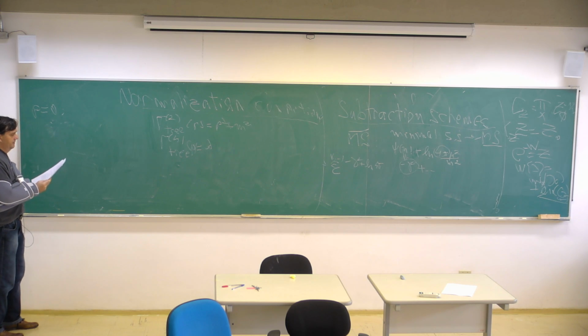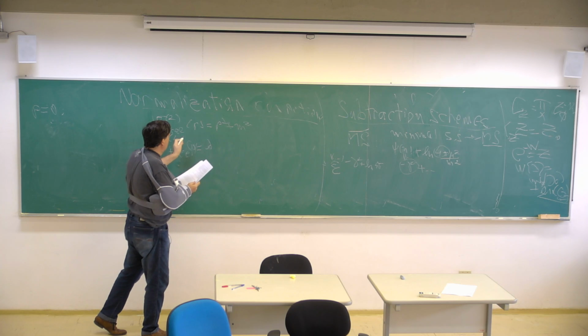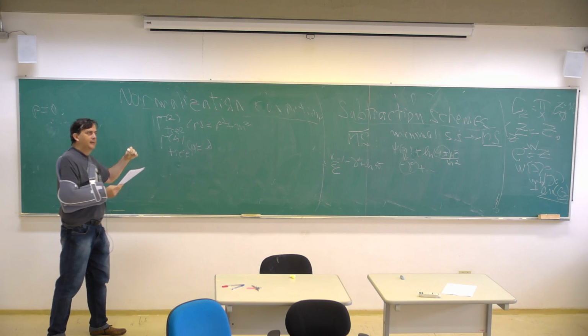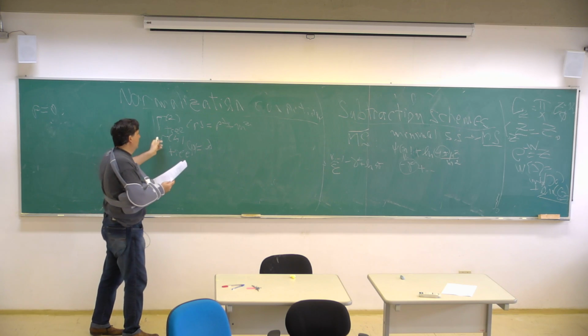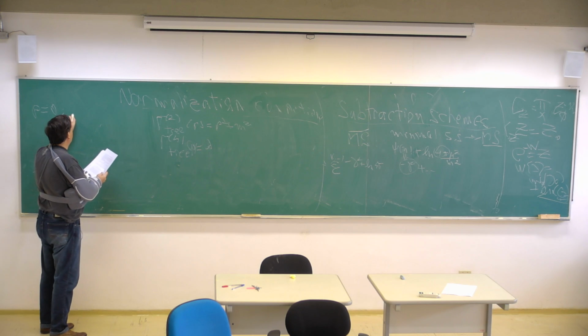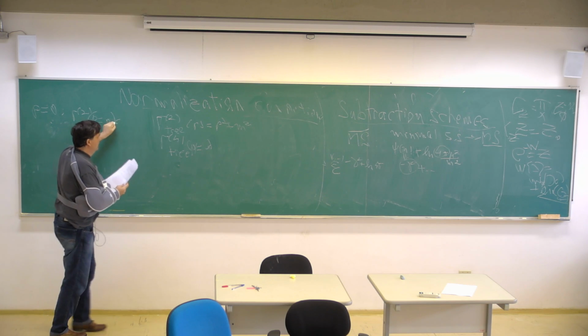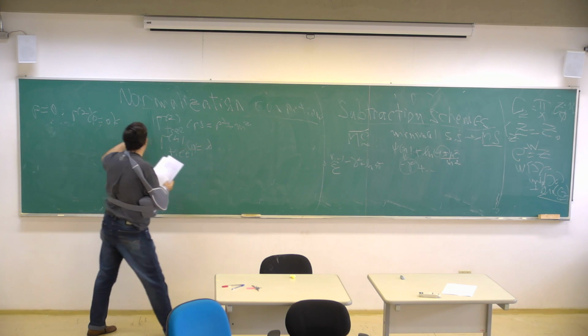That's one choice. And at P equal to 0, the full thing takes the value at the tree level. That is to say, gamma 2 at P equal to 0 is what? Well, if I put P equal to 0, it's just m squared.